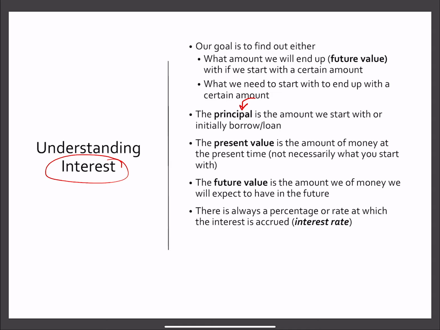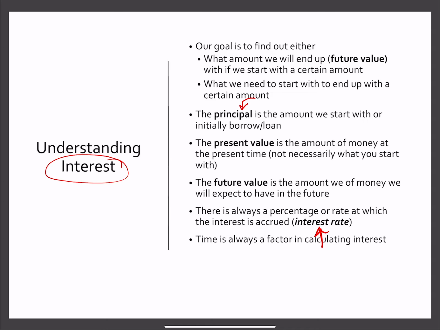And whenever you're dealing with money or loans or borrowing money, there is always, every single time, some type of interest rate. And that interest rate is the rate at which the interest is being added on to whatever it is. So you may know the interest rates for your credit cards. Credit cards usually have an interest rate of like 29%, something around there, right? That's what your interest rate is.